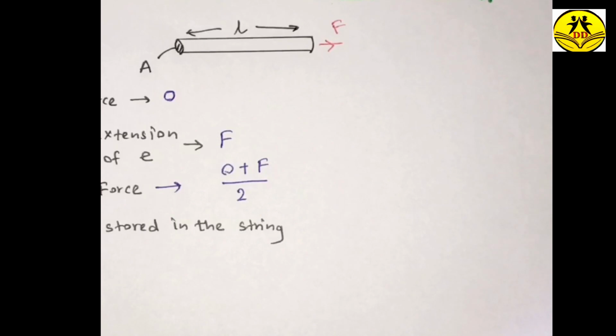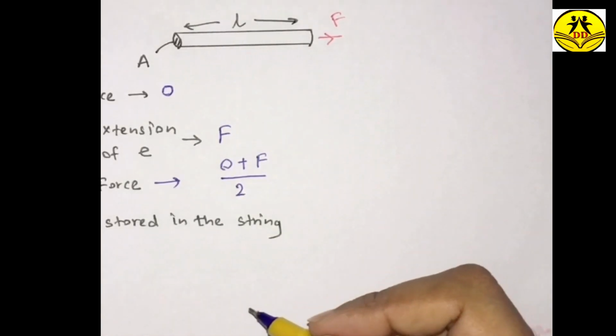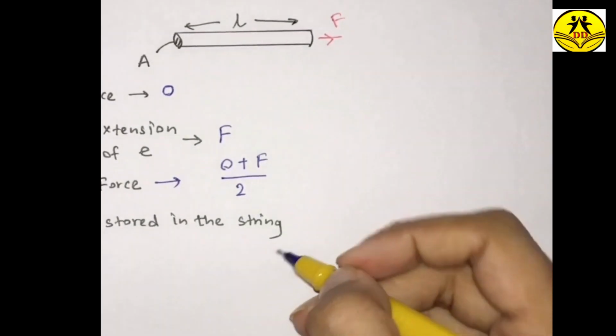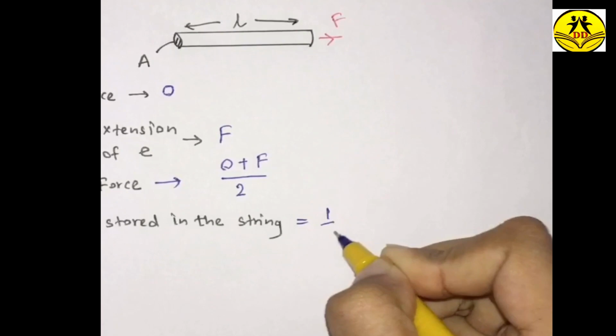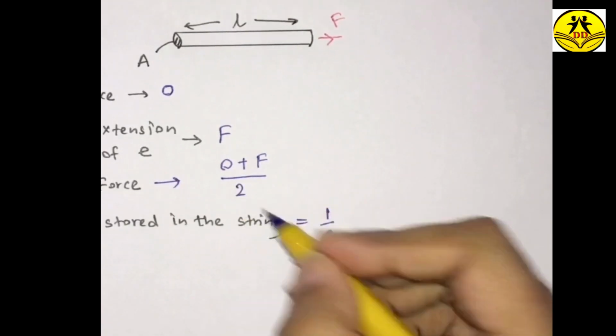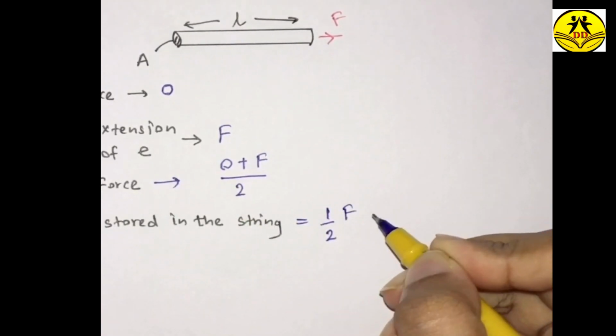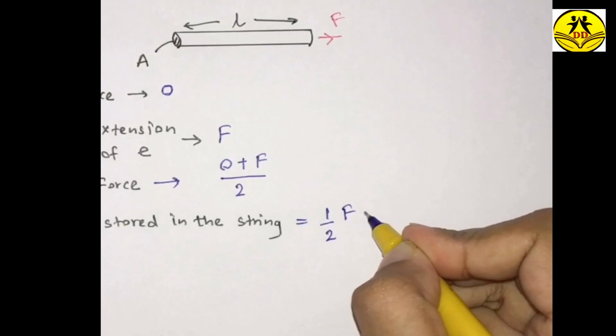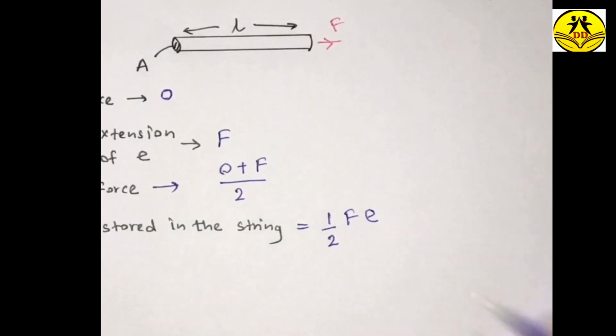Therefore, to get the energy stored in the string after an extension of E, we have to multiply the median force by the distance, that is we get half F, the distance or the extension E. Let's take an extension of E for an example.